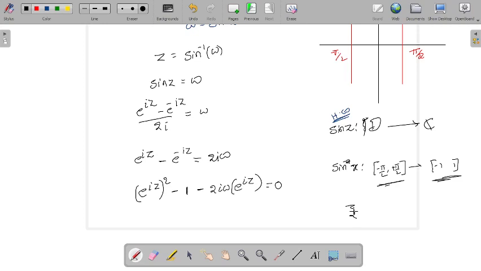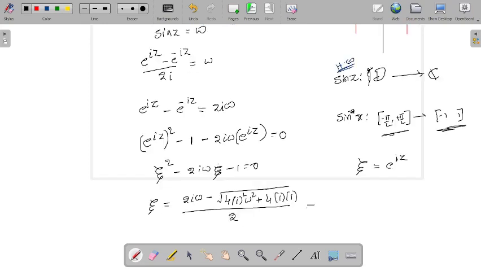So this square minus 2iw times this, and minus 1 equal to 0. Now it is a quadratic equation, you know how to solve for roots. So the root is equal to 2iw plus or minus the square root of b square, which is 4 into i square into w square, minus 4ac, by 2a.